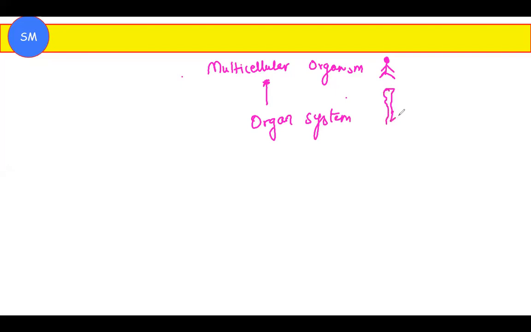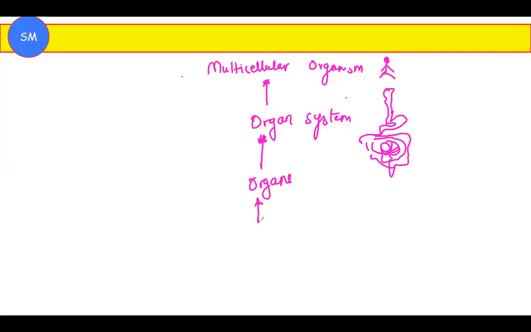Just imagine this is your digestive system, something like this. Okay, so this is an organ system. The organism is made up of this. And this organ system is obviously composed of different organs like stomach, liver, pancreas and all.